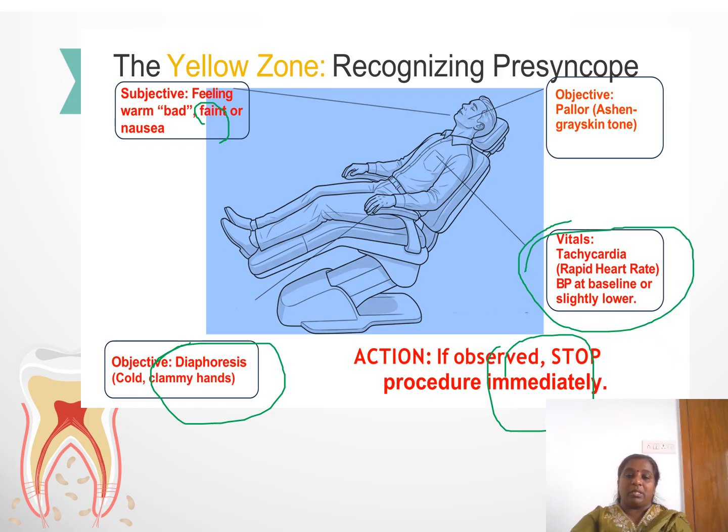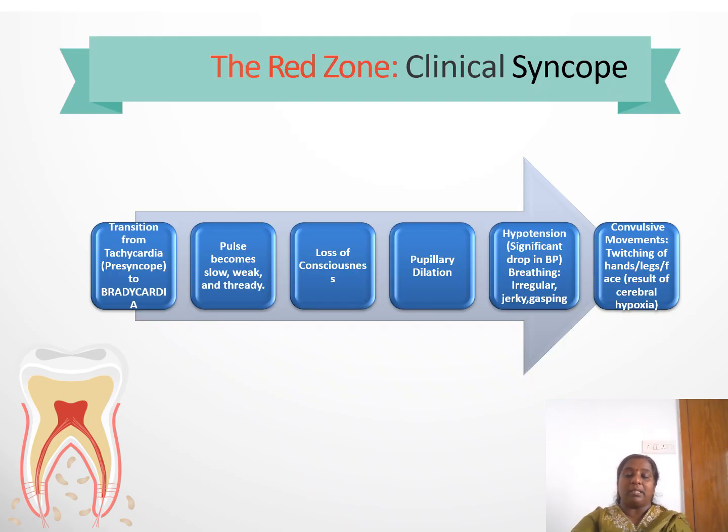Then the patient enters the red zone, when clinical syncope is occurring. When this clinical syncope occurs, what are the symptoms? We saw that in the yellow zone, the pre-syncopal stages, tachycardia, an increase in heart rate, occurs. From tachycardia, it becomes bradycardia.